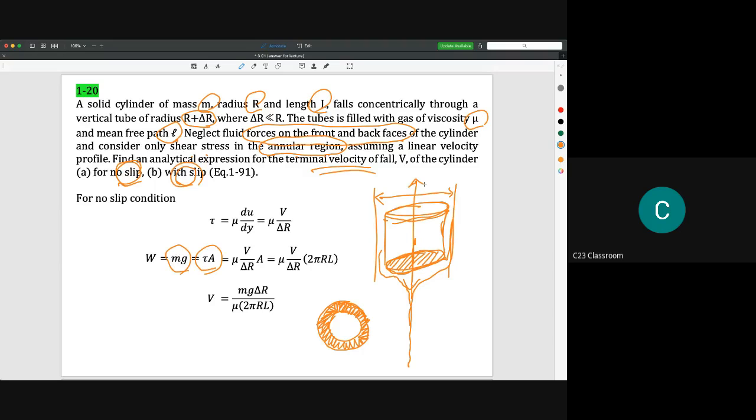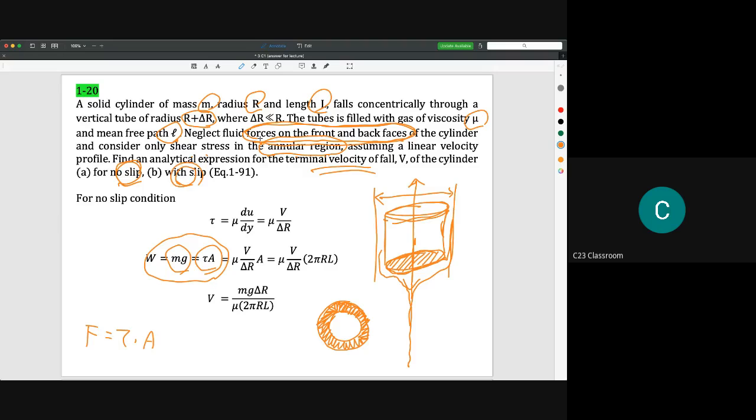Force is equal to tau A, which we learned at the beginning of the lecture. We assume this because we neglect the force on the front and back faces. So now we only focus on the shear stress.